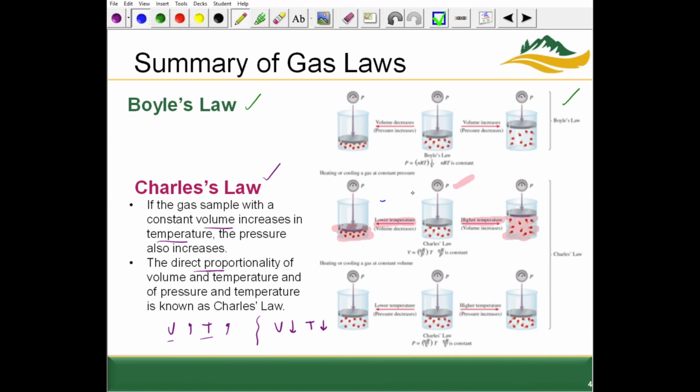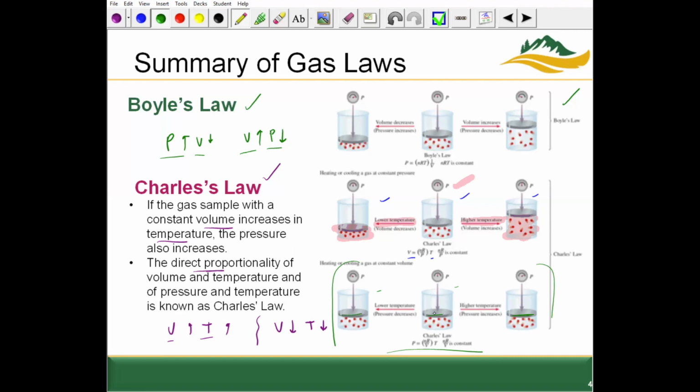So these top 3 images are looking at volume and temperature for Charles' law. Again, Boyle saw that pressure goes up, volume goes down, volume goes up, pressure goes down. We will start to connect the volume, pressure, and temperature now, as you can start to see in these 3 images down here at the bottom. If volume is constant, as it is in these images, this part here is not expanding, it's not compressing the gas.